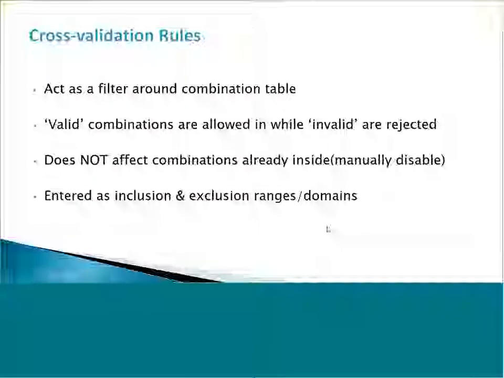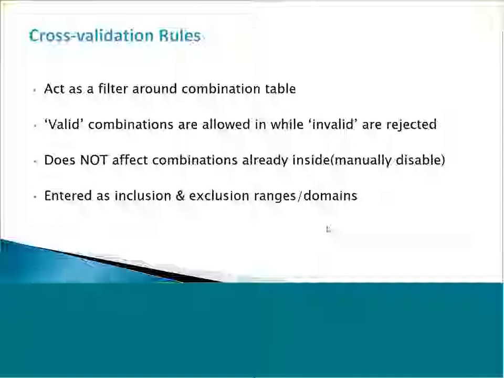We also did a primer on cross-validation rules and what they are. Just as a small reminder, we said that cross-validation rules act as a filter around the combination table. And why do they do this? We said that inside the combination table are where all the valid combinations are stored.